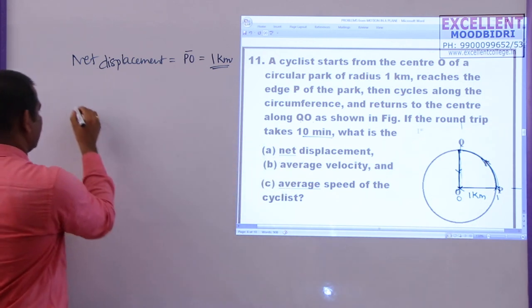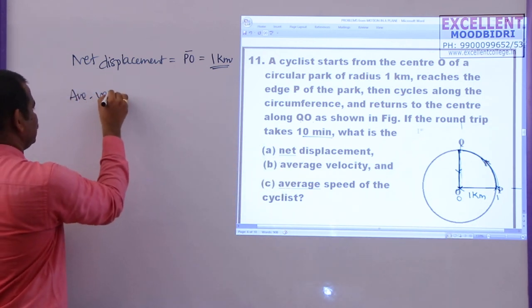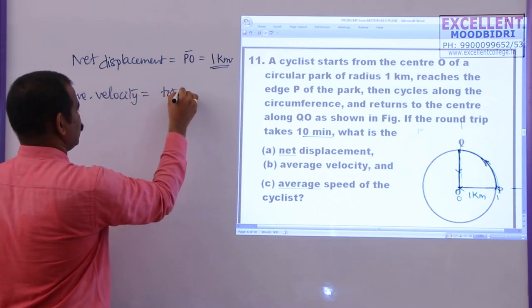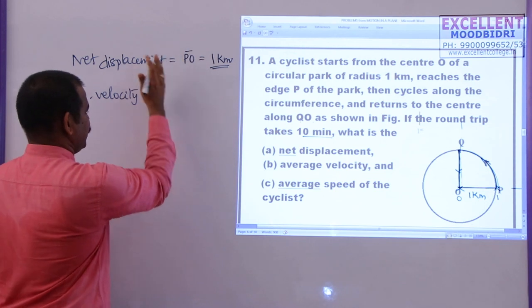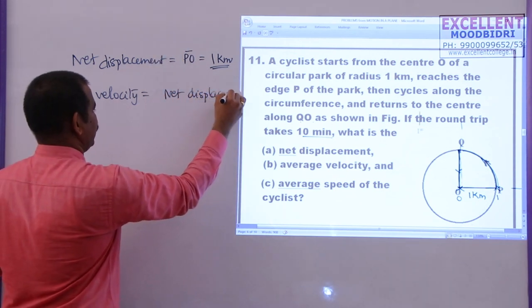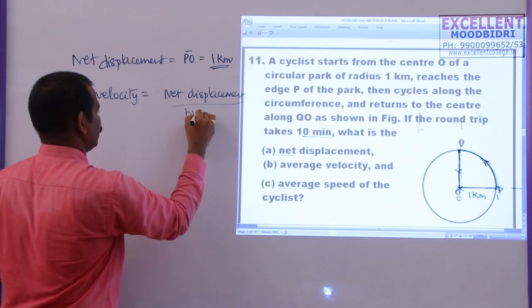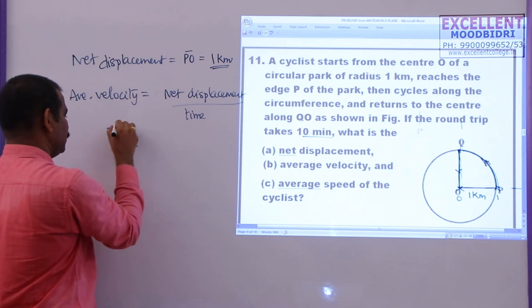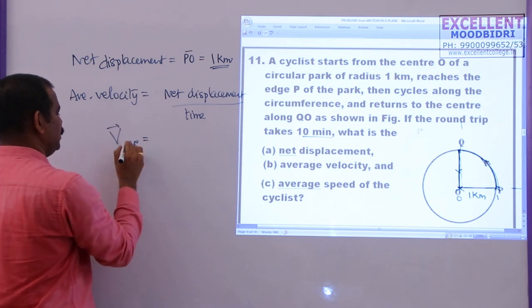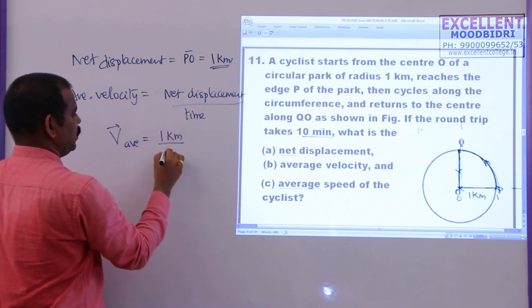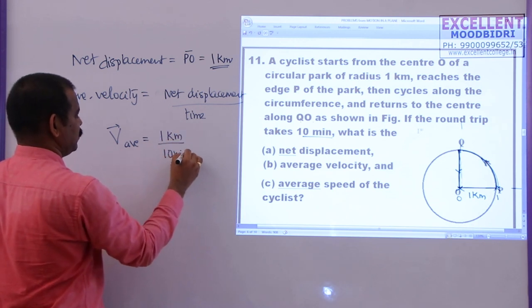The average velocity is given by displacement by time. This is total or net displacement by time taken. So V average, which we generally denote like this, is equal to net displacement 1 kilometer by time taken 10 minutes.